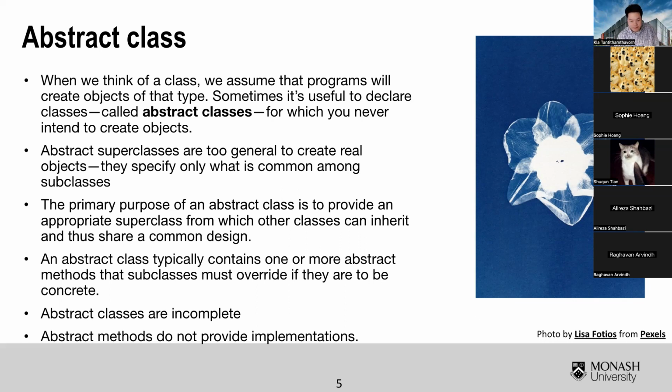Think about animals again, right? At the lowest point here, we may have dog, cat, maybe rat, which inherit the abstract class Animal.